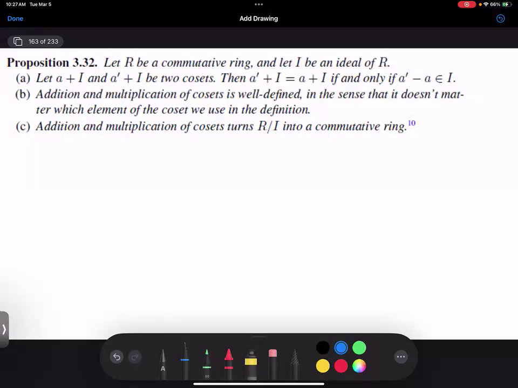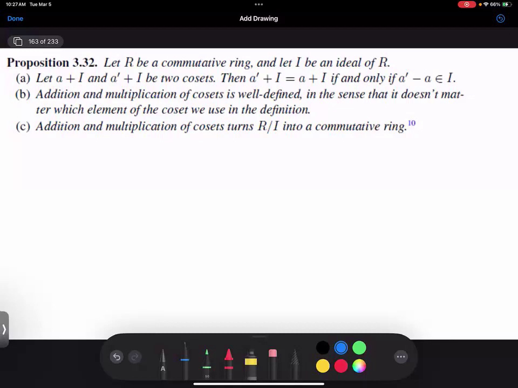Well, instead of being a multiple of 12, it's now just something in I. We're lucky on the clock that everything is a multiple of 12. This is a really nice ideal. It's a principal ideal. It's generated by multiples of 12. We might have a more complicated ideal that's not principal. That's fine. We can still do something like this.